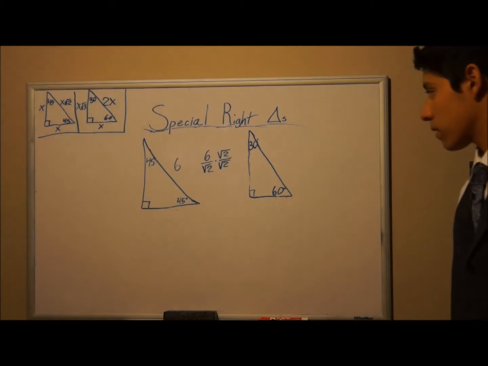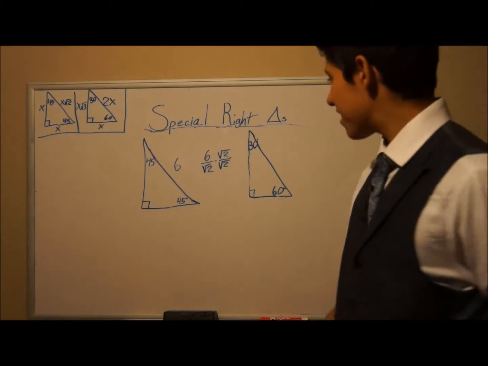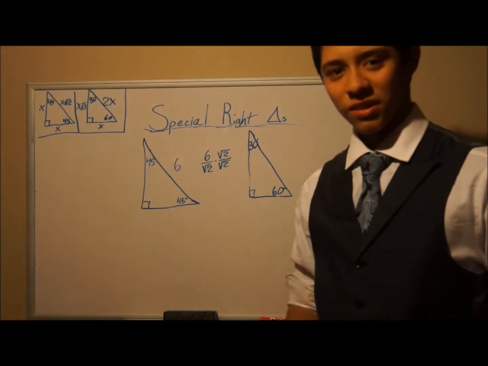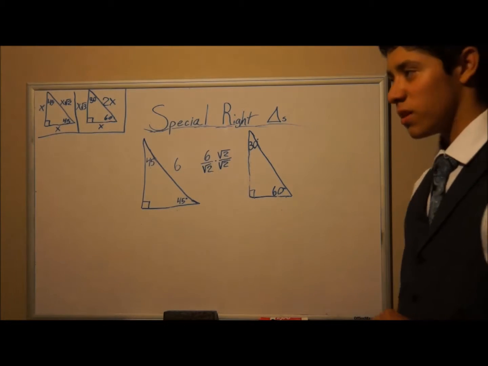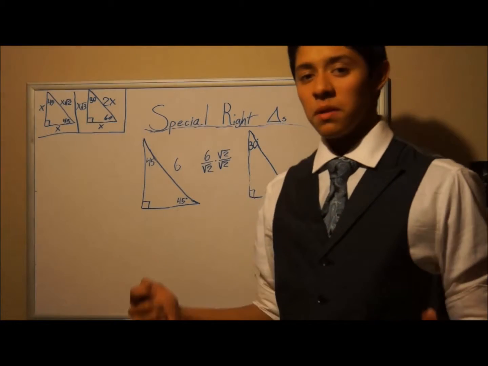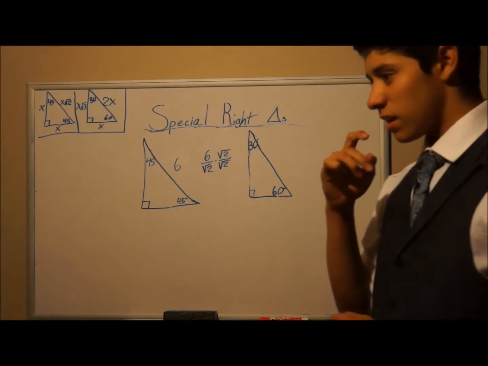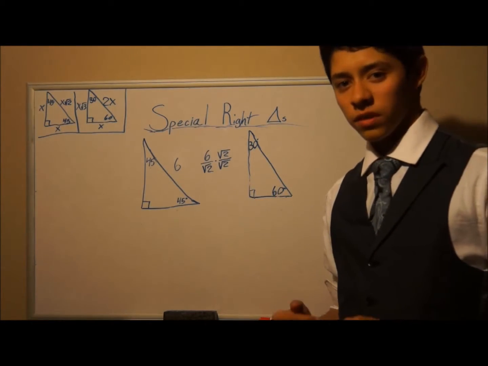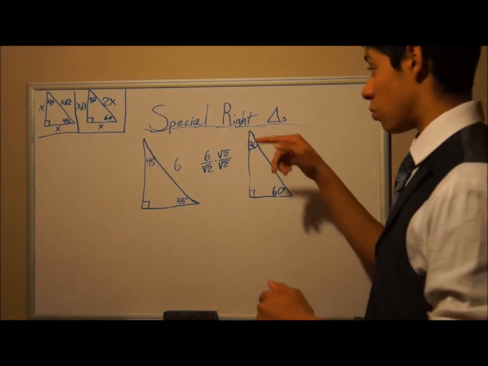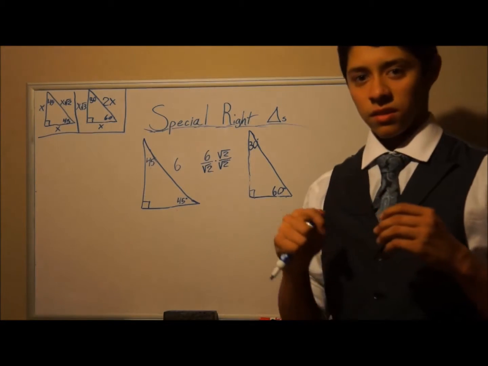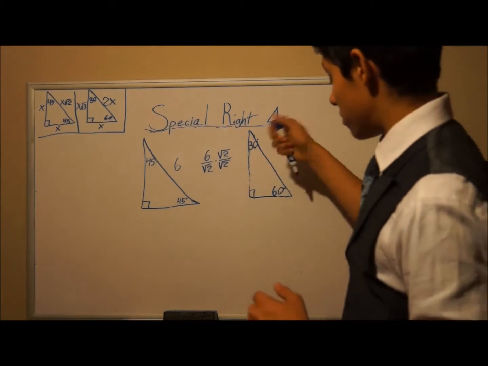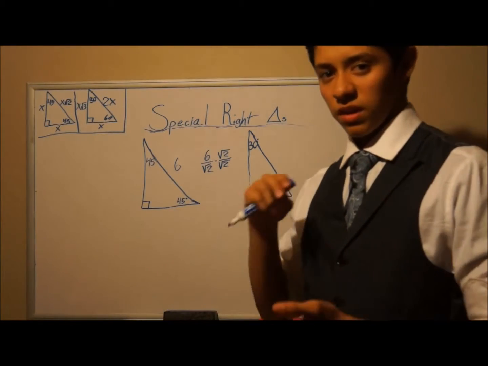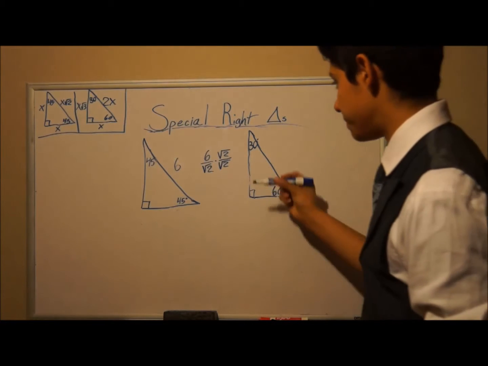Now you may be saying, that doesn't look like 1. What is that? It's square root 2 divided by square root 2. Well, if you remember, anything divided by itself equals 1. So no matter what you have as the denominator or the numerator, if they're the same, it will always be 1.